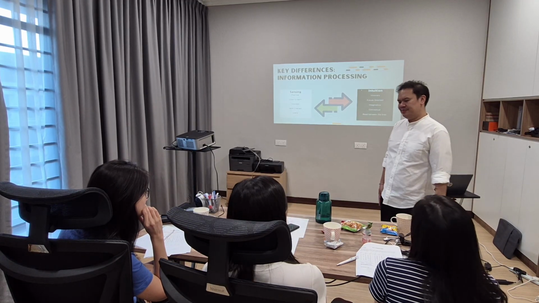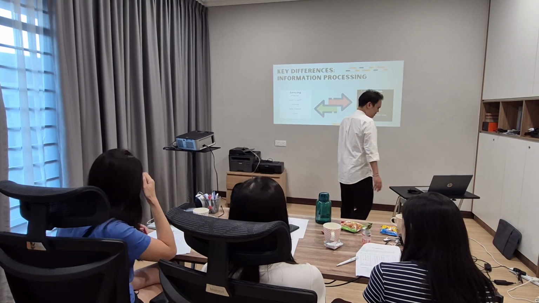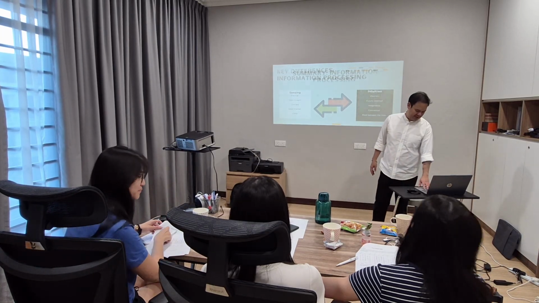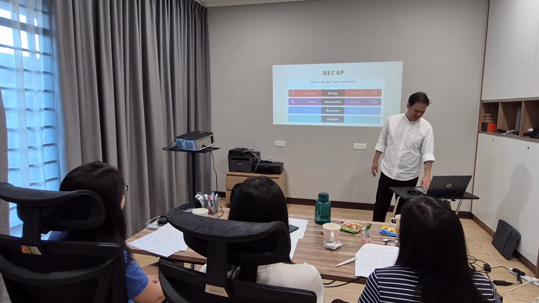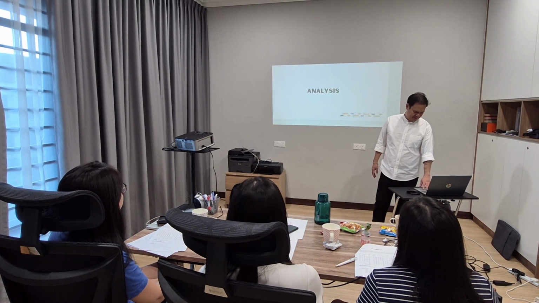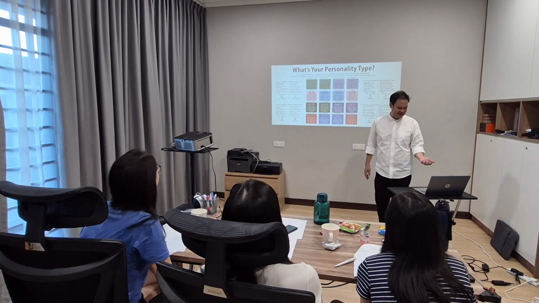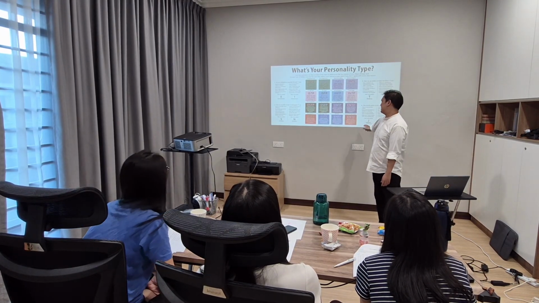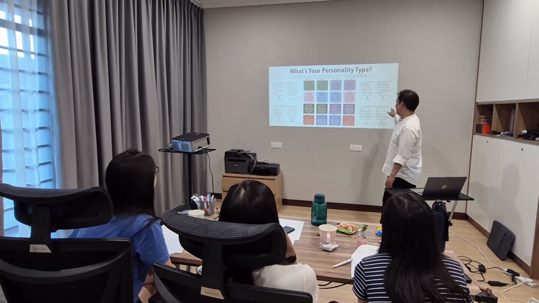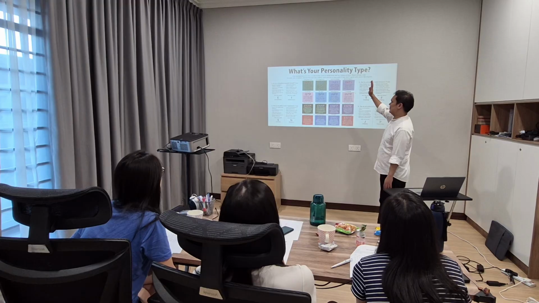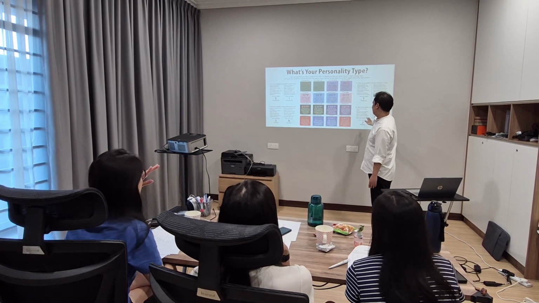Okay, so we will move one step ahead to see what your MBTI says about you. So then we'll do an analysis. As you can see, there are 16 different types of personality, based on the difference of four.